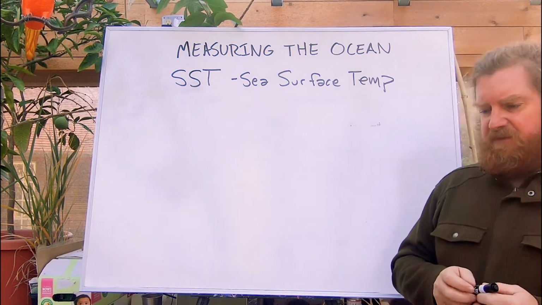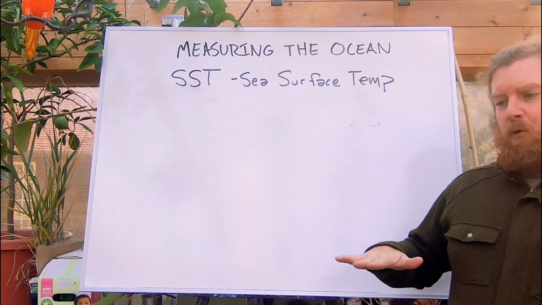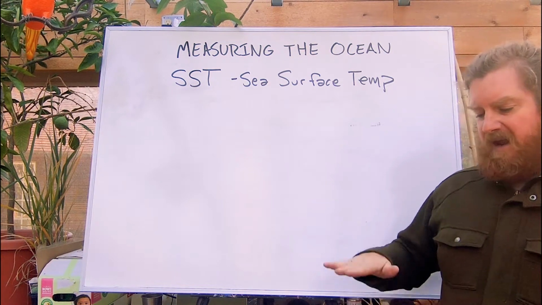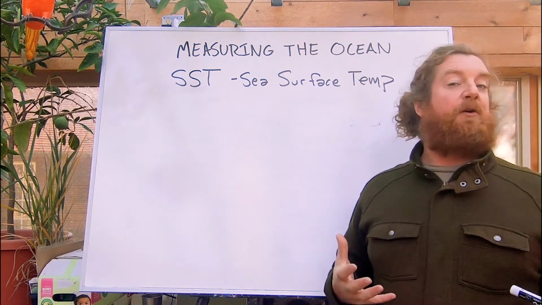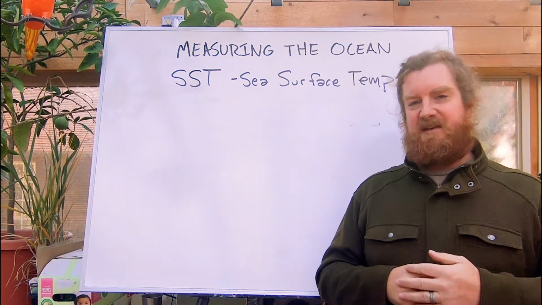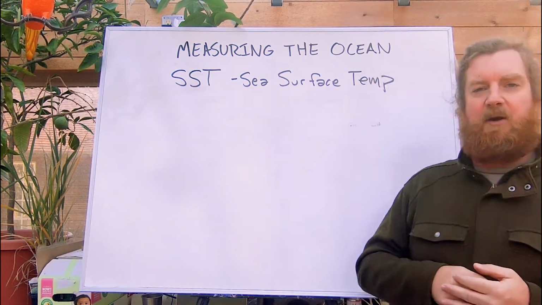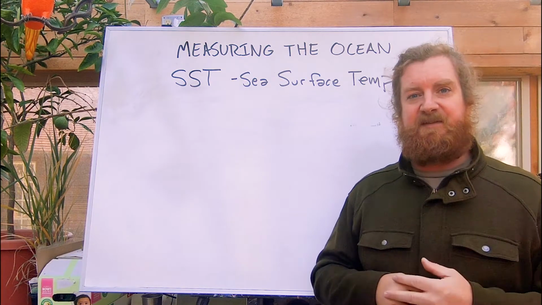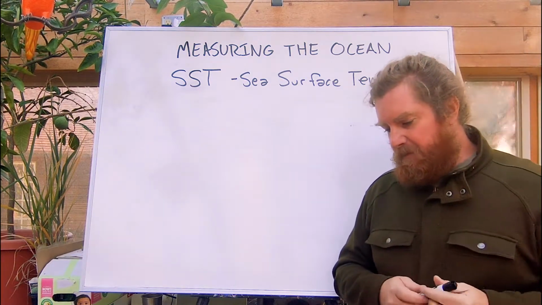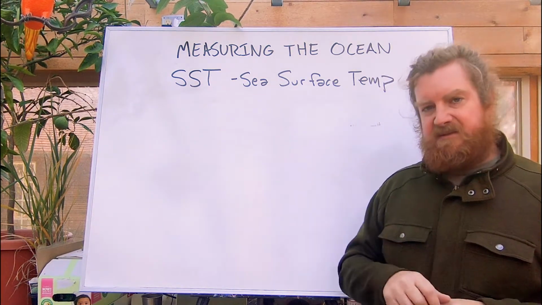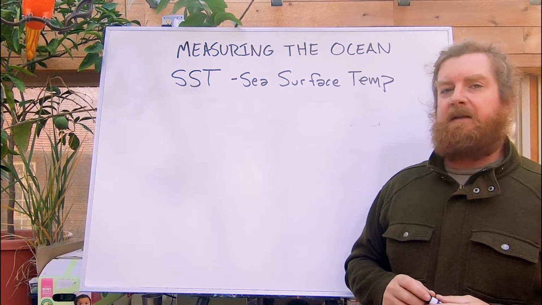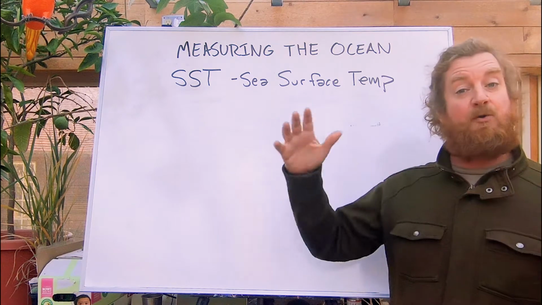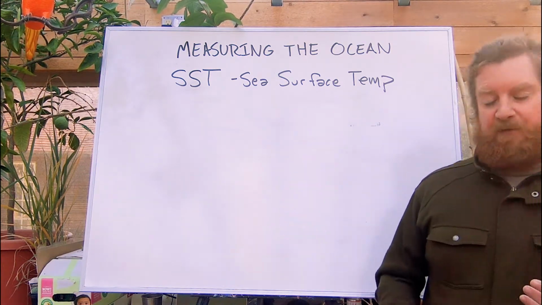Also, sea surface temperature is really important. The difference between sea surface and air temperature, that's kind of the nuts and bolts of how hurricanes form, right? So what we call cyclogenesis. A hurricane is just a special type of cyclone. Another thing that's really important to think about, and this is something we haven't talked about in quite a number of weeks, is this notion of thermohaline convection, right? So deep ocean currents and their driving forces.